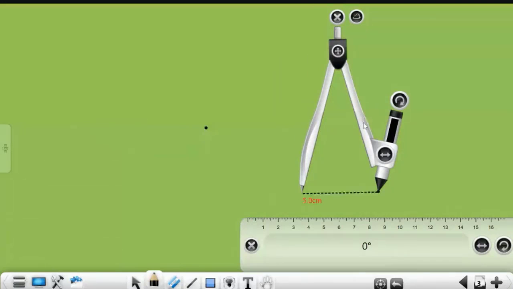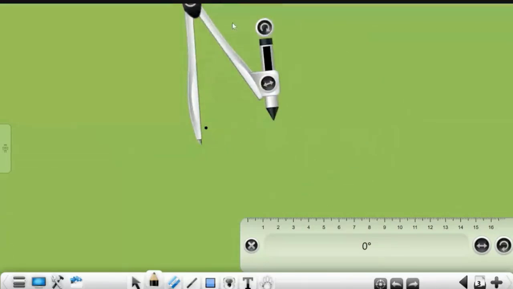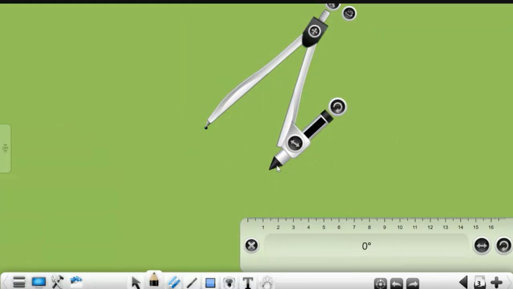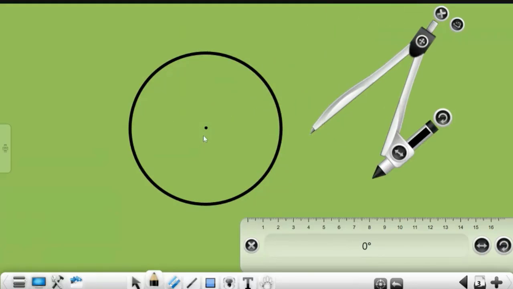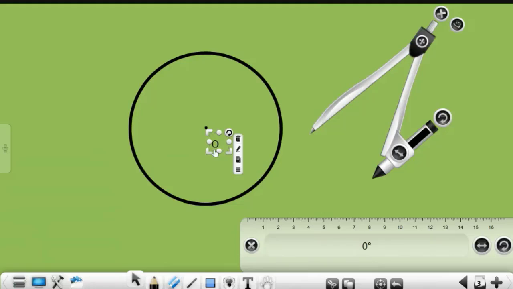Put the O here first. So this is a 5 centimeter circle, and that is my O, my center.